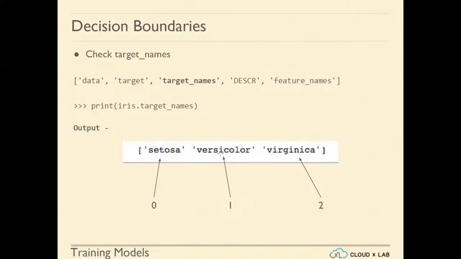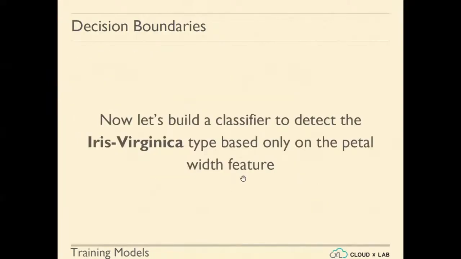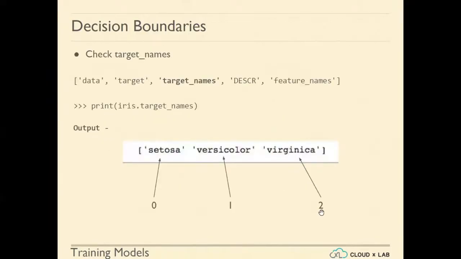If the label is either setosa, or sorry, for the virginica class we are using label 2, because here we want the virginica type class. So for virginica the label is 2. If the label is 2, it is the positive class, and if the label is either setosa or versicolor, then it is a negative class example.